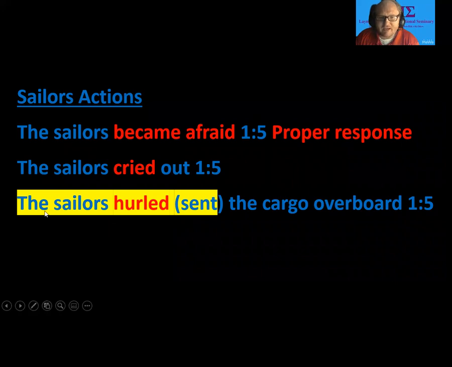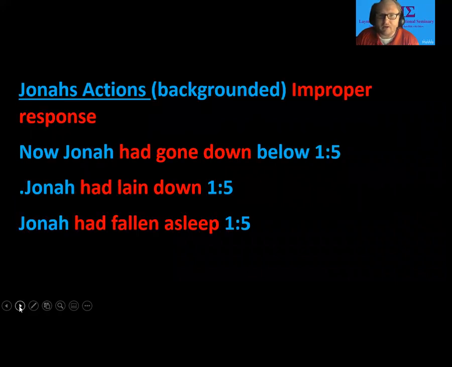But what's interesting is that the sailors hurl their cargo, or sent their cargo overboard. So you've got that commission motif going on there. Jonah's actions are again mentioned here. After focusing on his improper response, it goes into background information. Now, Jonah had gone down below. Jonah had lain down. Jonah had fallen asleep.